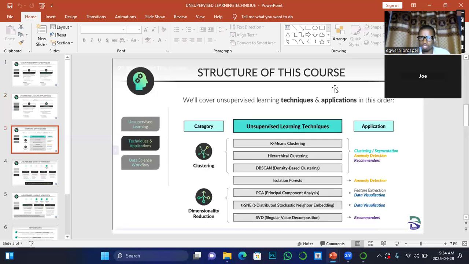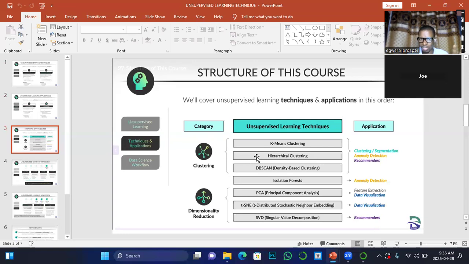So let's look at the structure of this course, the way we are going to take it. We will cover unsupervised learning techniques and applications in this order. Under the category of unsupervised learning techniques, we have the applications. The first category is clustering.